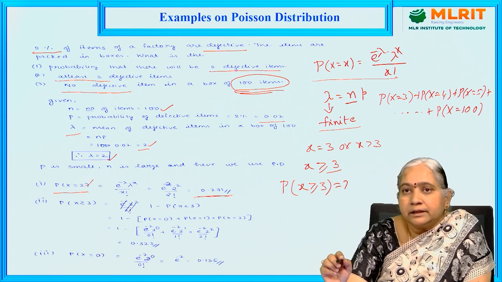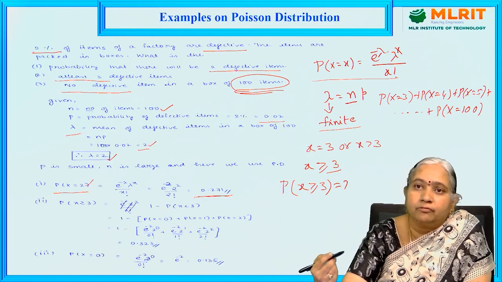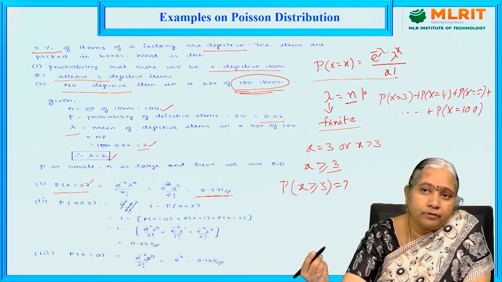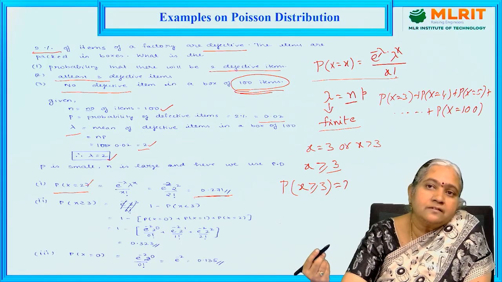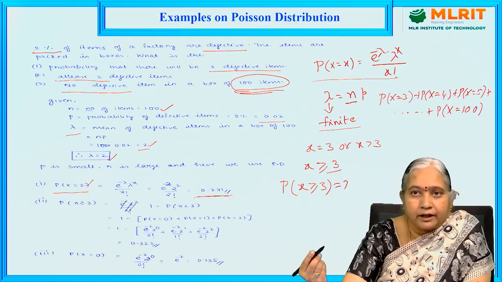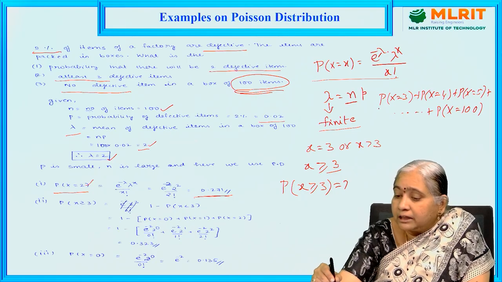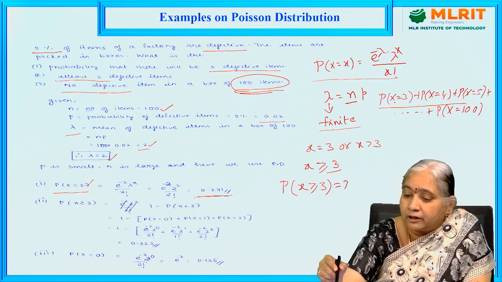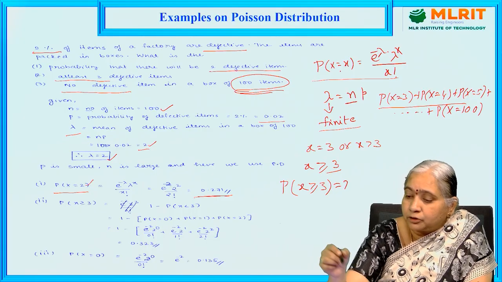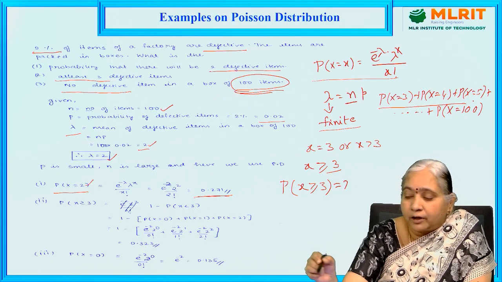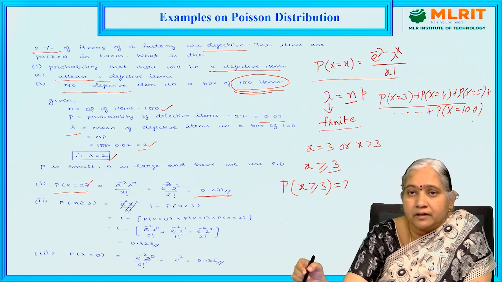So at least 3 defective items means 3 defective or 4 defective or 5 defective, up to 100 defective items.